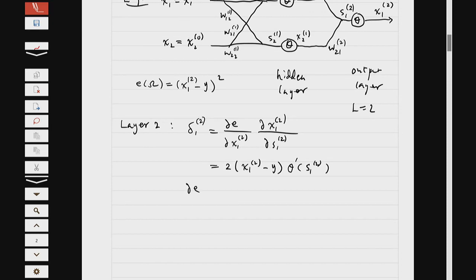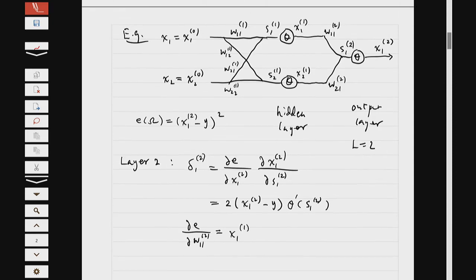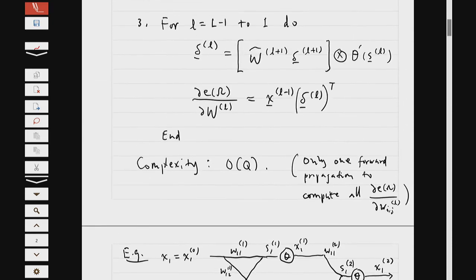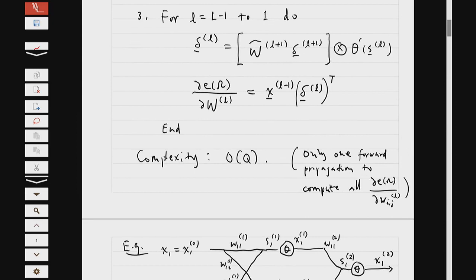It says that the partial derivative with respect to the weight W11 of 2 is equal to, it's a matrix, but actually not this one, it's just simply x1 of 1. I'm going back to this formula right here.